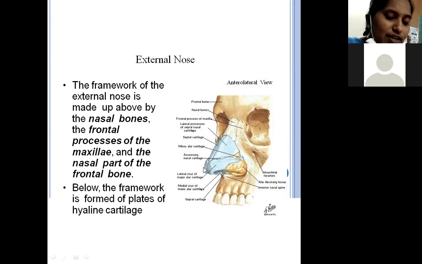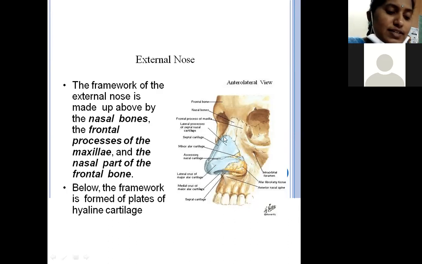Here we have the lateral crus of the major alar cartilage and the medial crus of the major alar cartilage, and the remaining part is fibrofatty tissue.